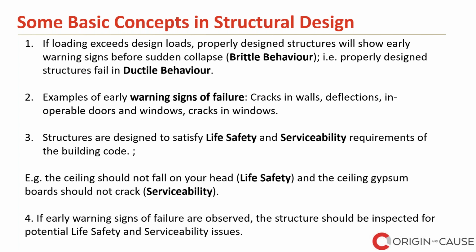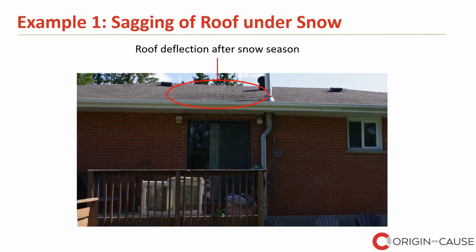Now, about early warning signs, if you observe early warning signs, the structure should be inspected to see if there are some potential life safety or serviceability concerns in the building, especially if the house or the structure is an old structure. Now, I'm going to go through some examples and explain some of these concepts through these examples, so you get a sense of what I'm talking about.